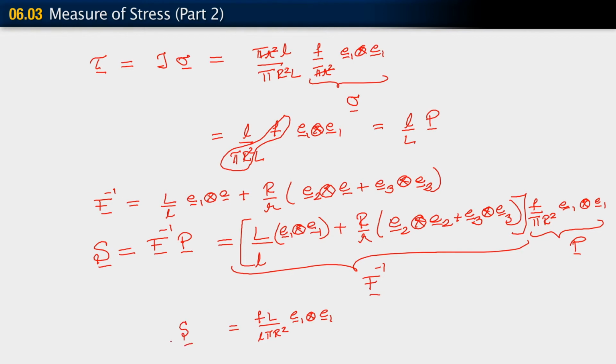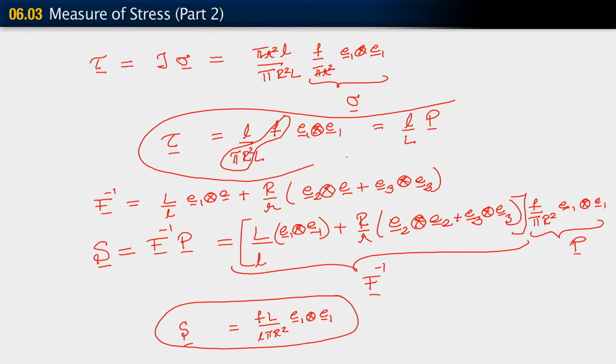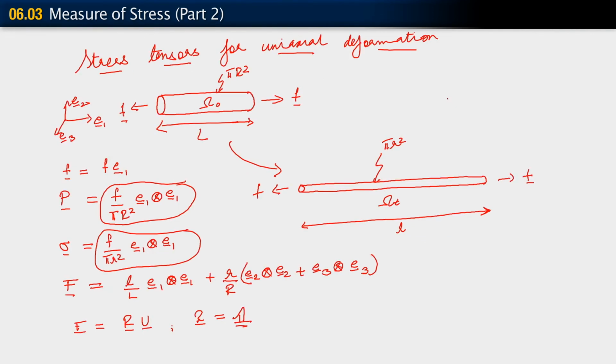So now if you look at S here, you look at tau here, this is tau, and we look at sigma and P. Let's just write them all again, just so that we see what all the relations are.